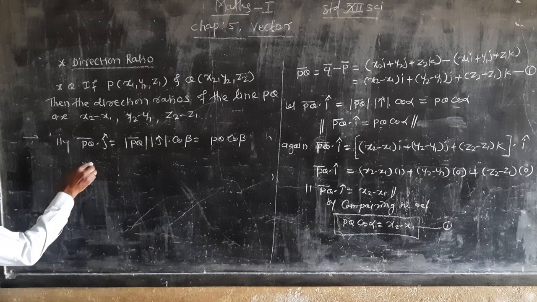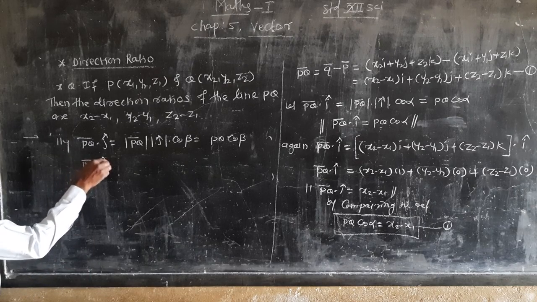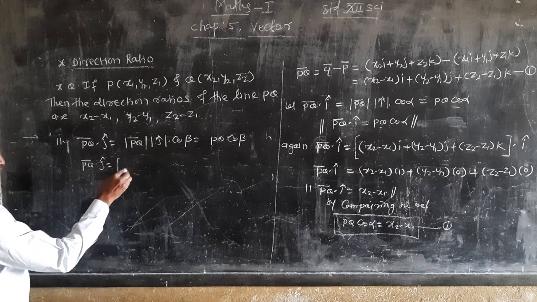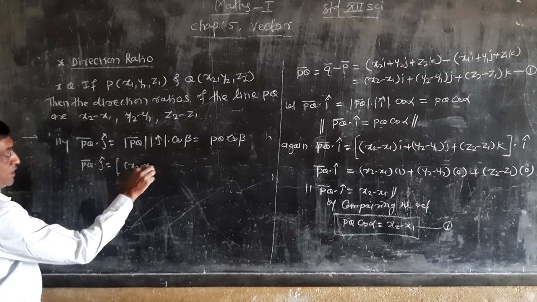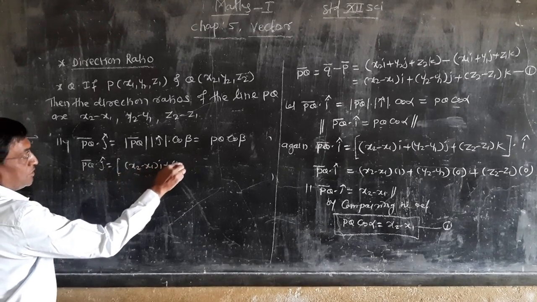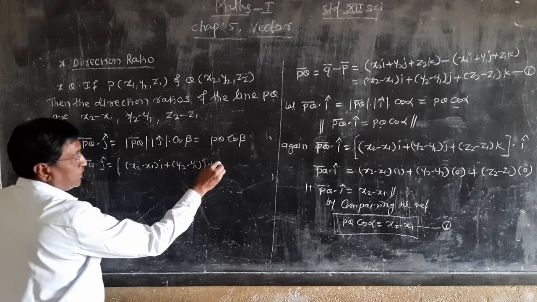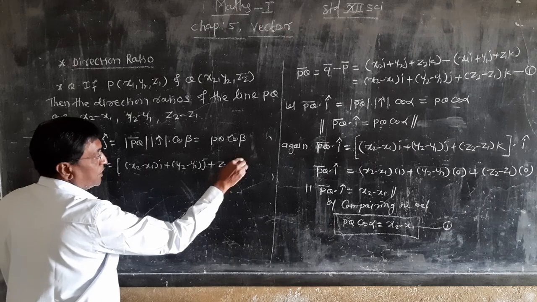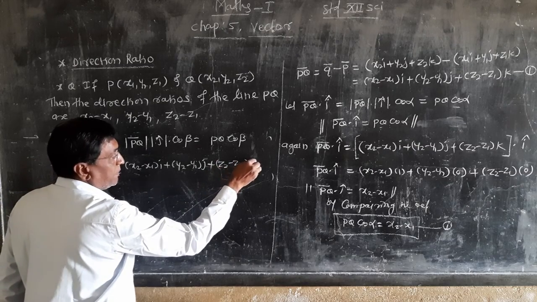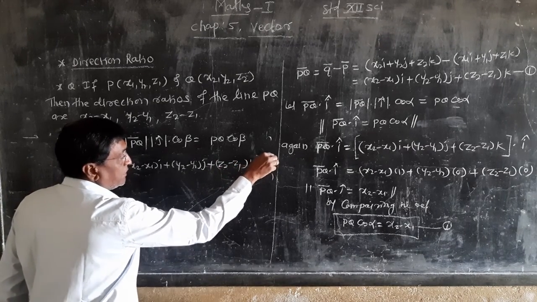Again, in another way, PQ bar dot j bar is equal to, inside the bracket, x2 minus x1 i plus y2 minus y1 j plus z2 minus z1 k cap, dot with j cap.